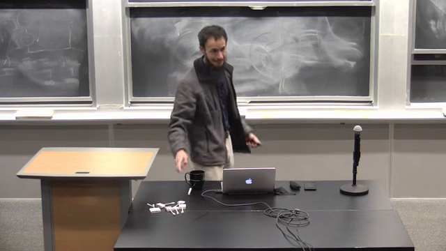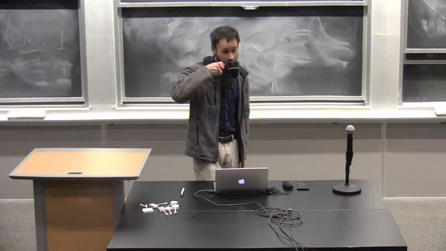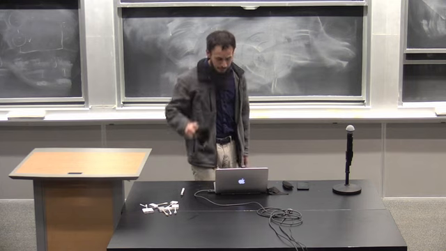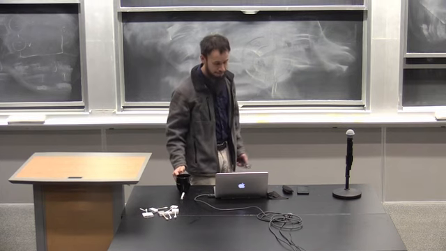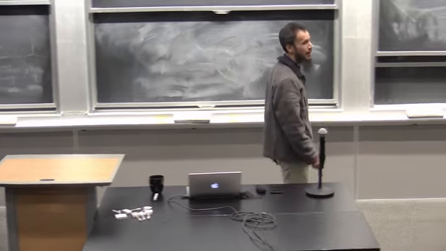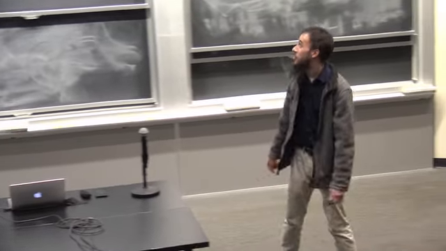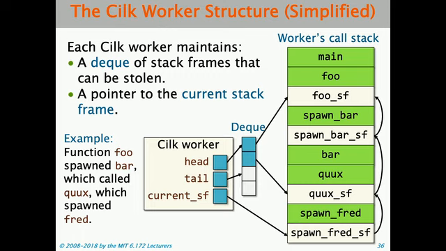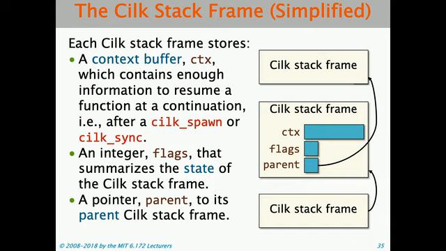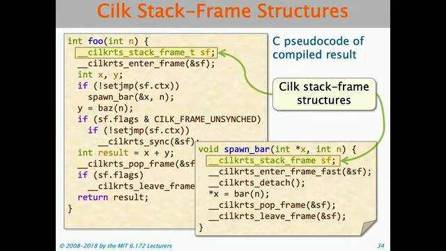Yeah? I guess in the previous slide, there were arrows on the workers' call stack between each other. What do those mean? What do the arrows among the elements on the call stack mean? So in this picture of the call stack, function instantiations are actually in green, and local variables, specifically the Cilk RTS stack frames, show up in beige. So foo_sf is the Cilk RTS stack frame inside an instantiation of foo.